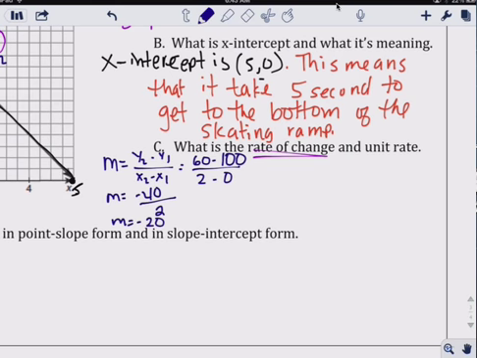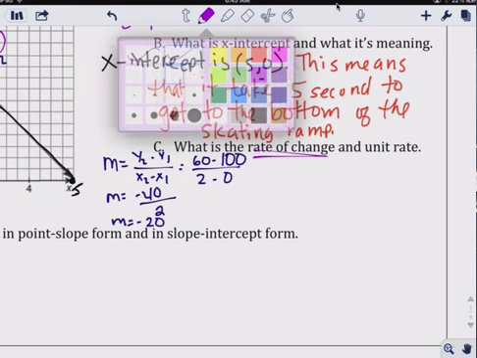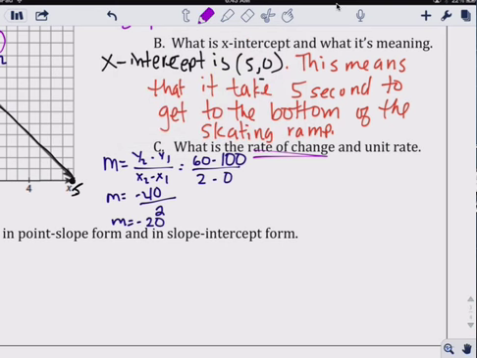Okay? So my unit rate is 20/1. In this case, my unit rate and my rate of change happens to be the same. My slope is -20/1. My rate of change.